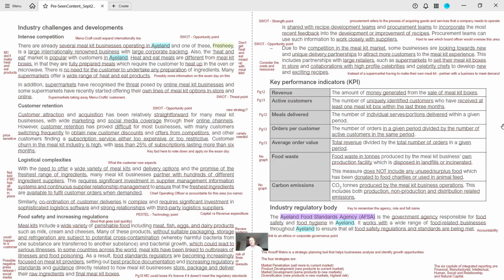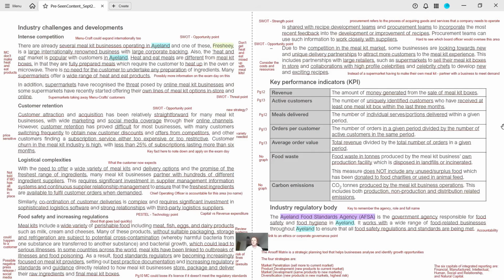However, you've got to think of the downside on this. So you've got the costs associated with it, the resources, cost benefit analysis. Is it going to be worth it? But from a supermarket's perspective, to partner up with the likes of Freshie or MenuCraft, again, you could be asked about this in a stakeholder analysis.